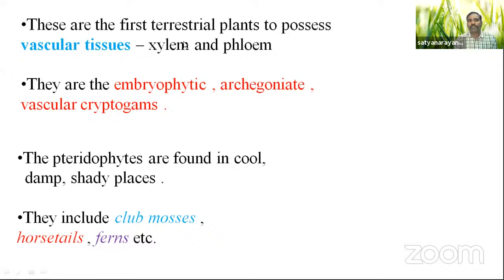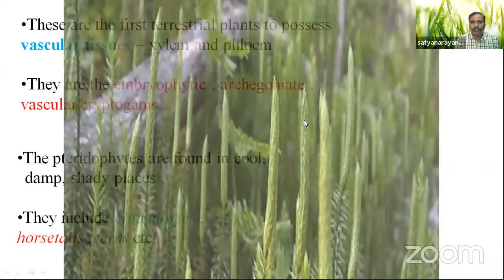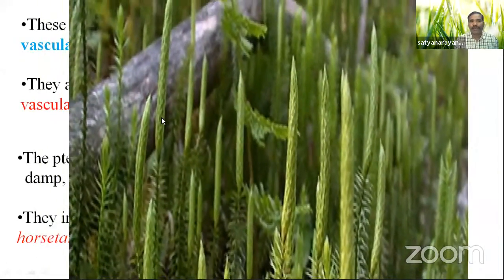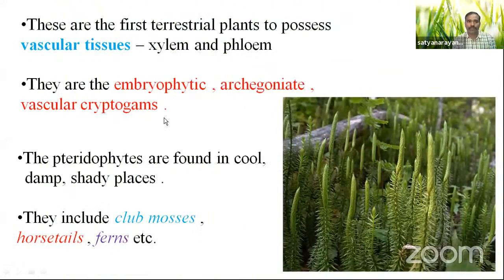So the pteridophytes are the first terrestrial plants which possess vascular tissue, and they are embryophytic, archegoniate vascular cryptogams. Okay. Pteridophytes are also observed in cool, damp or shady places.